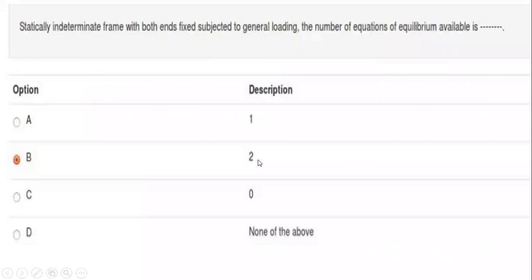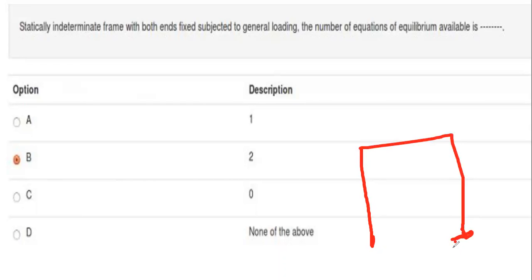Statically indeterminate frame with both ends fixed, subjected to general loading condition: the number of equations of equilibrium available is? Suppose this is the frame with both ends fixed supports. General loading condition means it may have a horizontal load on the column and a vertical load on the beam.